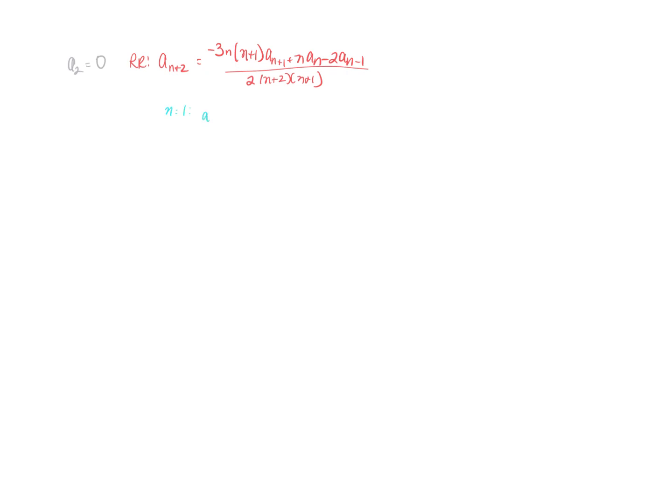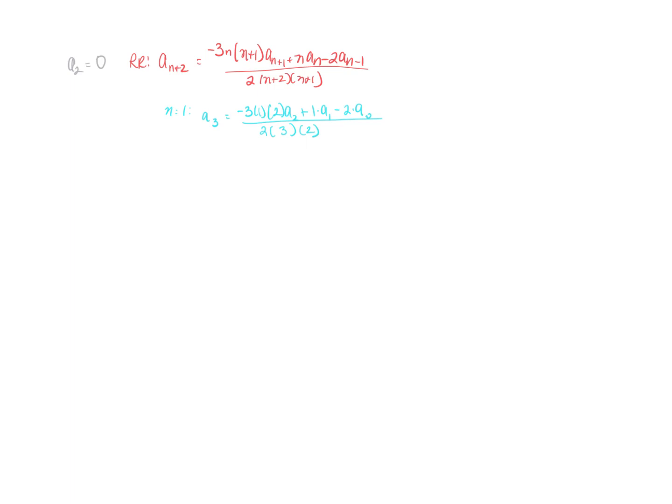Then we get a sub 3 equals negative 3 times 1 times 1 plus 1, which is 2, a sub 2, plus 1 times a sub 1, minus 2 times a sub 1 minus 1, which is 0, so 2a naught, over 2 times 1 plus 2 is 3, and 1 plus 1 is 2.